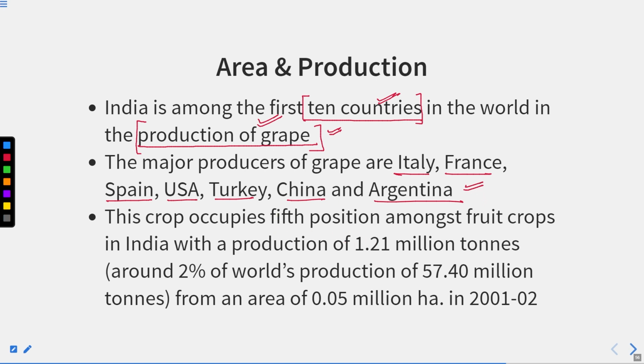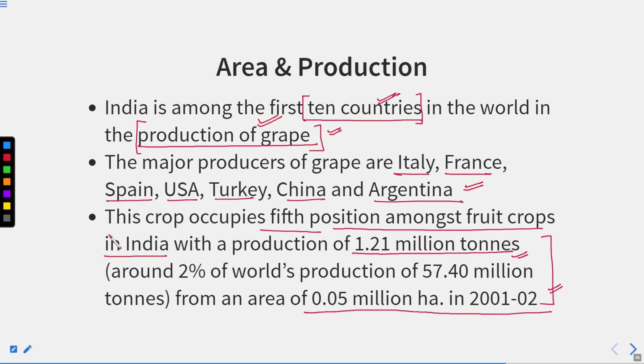This crop occupies the fifth position among the fruit crops in India. We have seen that citrus was the third most important crop, and this occupies the fifth position. The production is 1.21 million tons, around 2% of the world production of 57.40 million tons, from an area of 0.05 million hectares in 2001 to 2002.